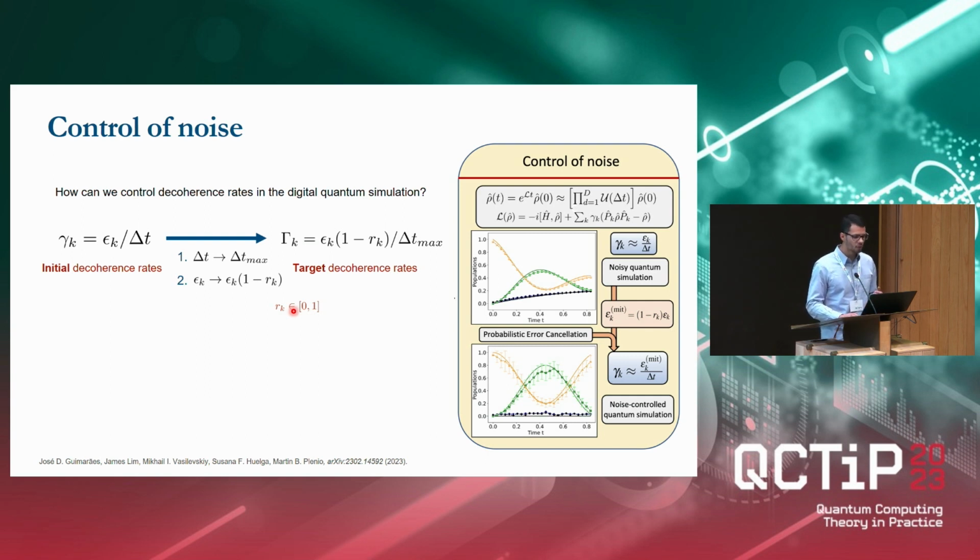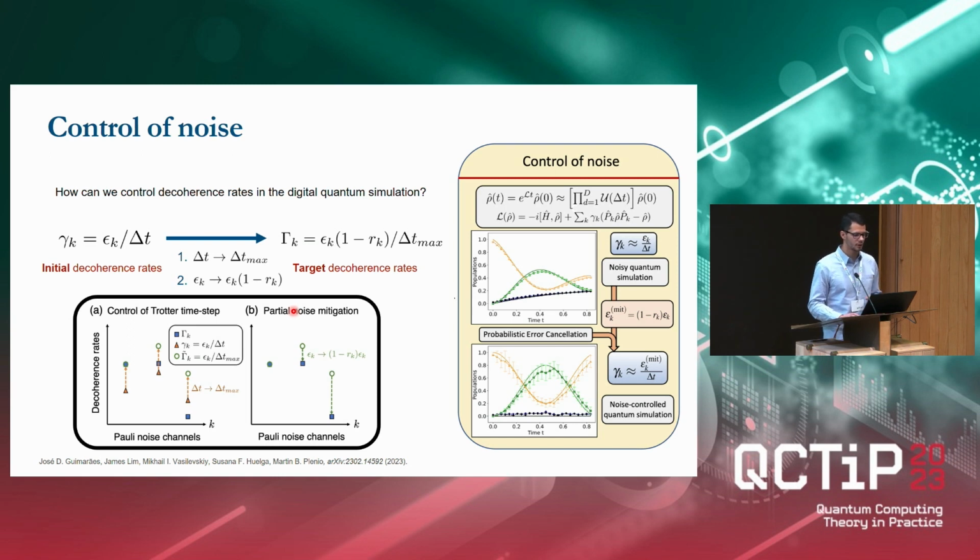More specifically, we do this in this way. Here we have a plot, with the vertical axis being the decoherence rates, which are associated to the Pauli noise channels k. We start with these orange triangles, which are the initial decoherence rates. In the first step, we decrease delta t, such that we increase all the decoherence rates, and the resulting decoherence rates are equal to or greater than the target ones, which are given here by these blue squares.